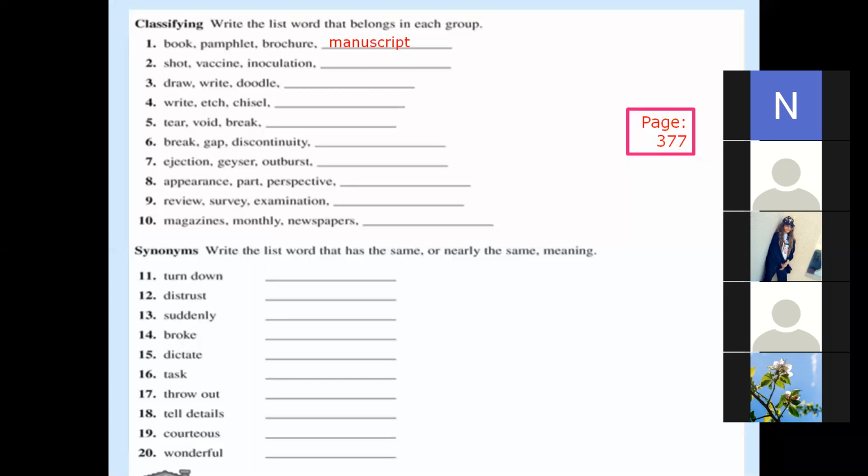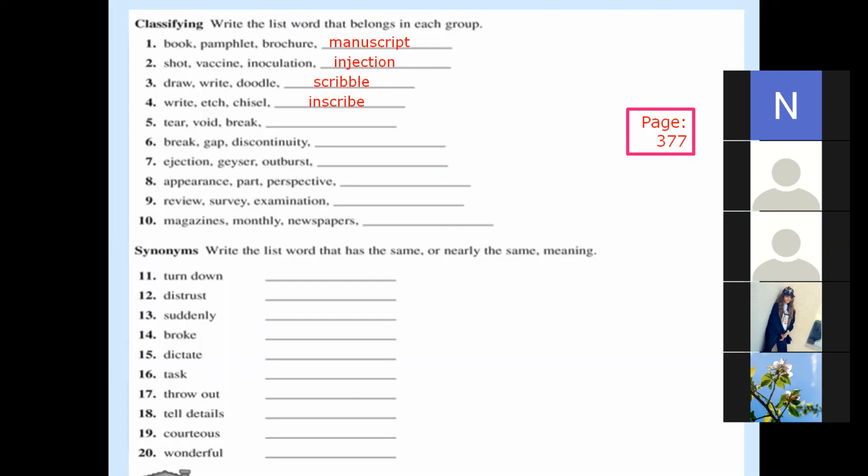Number 2. Shot. Injection. Vaccine. Very good. Draw. Write. Scribble. Prescribe. Inscribe.